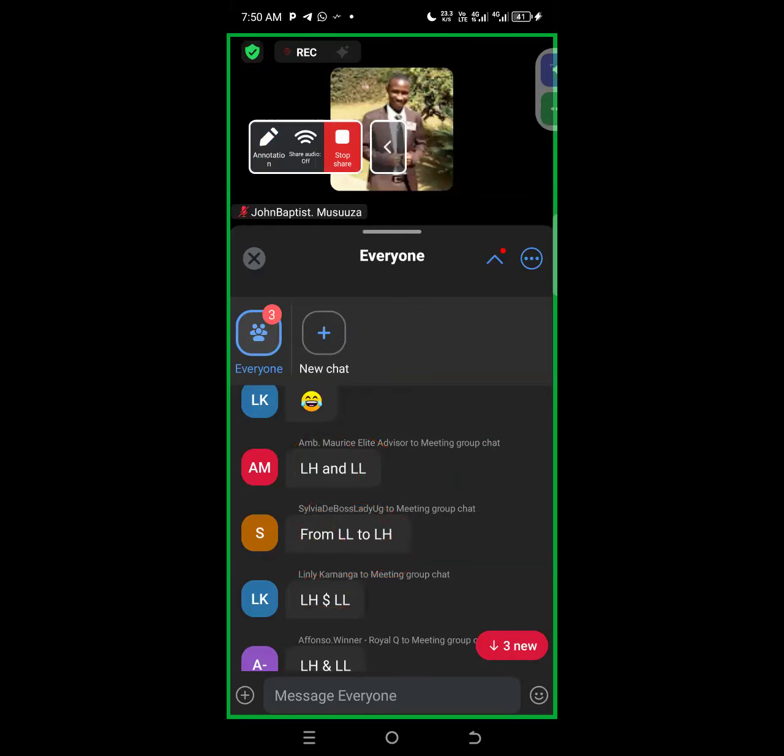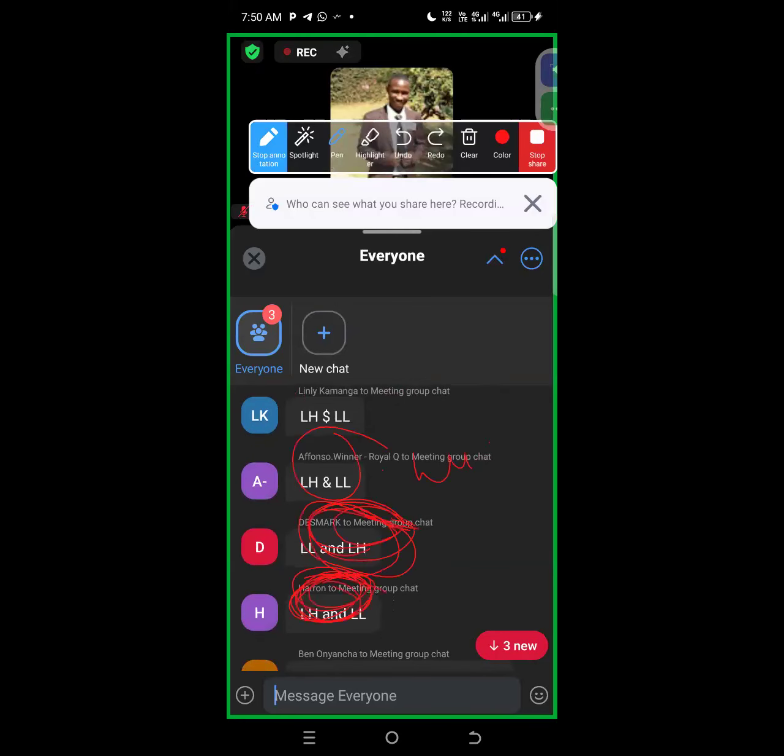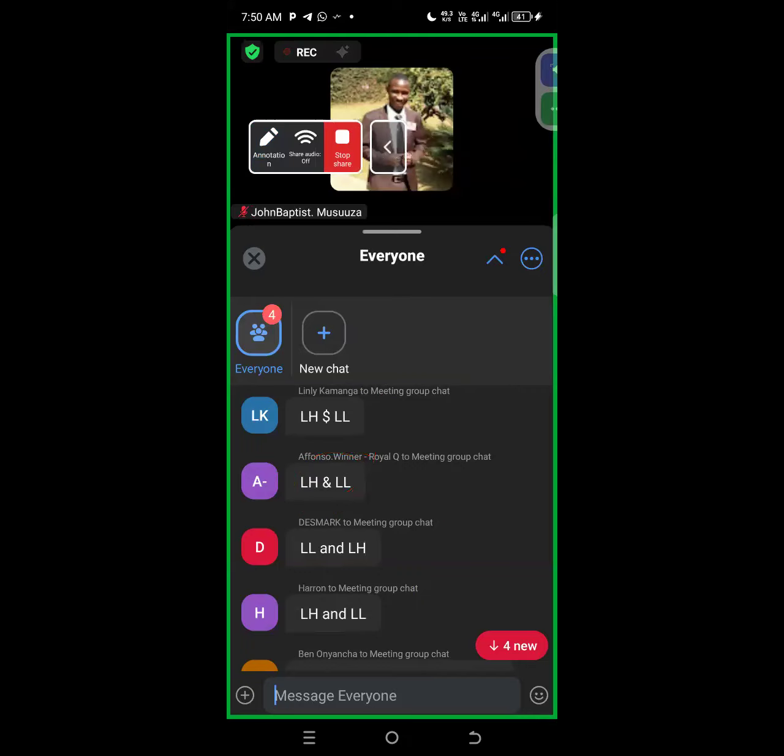Let me see the next one. Good. So you see another confusion. It is not lower high, lower low. Take notice of that. It is lower low, lower high.